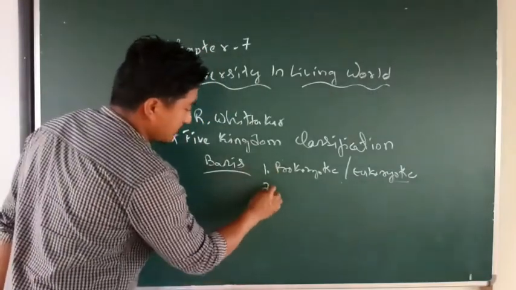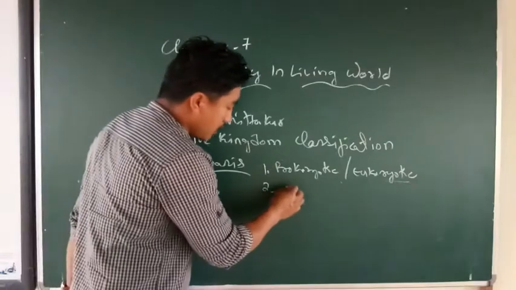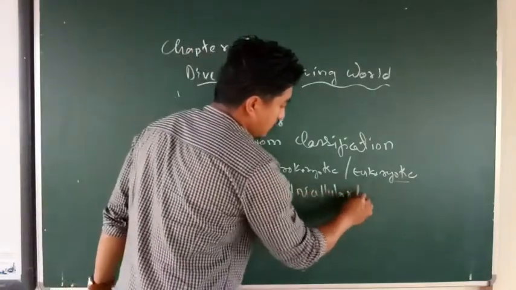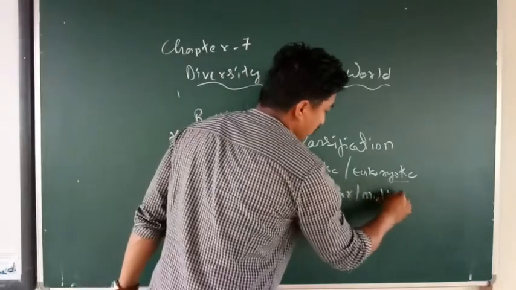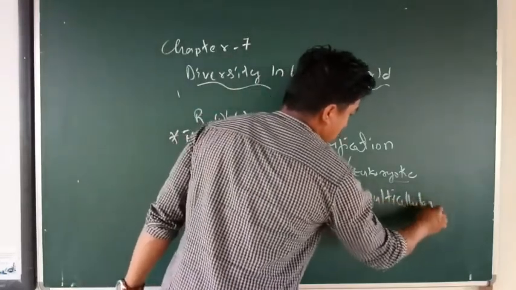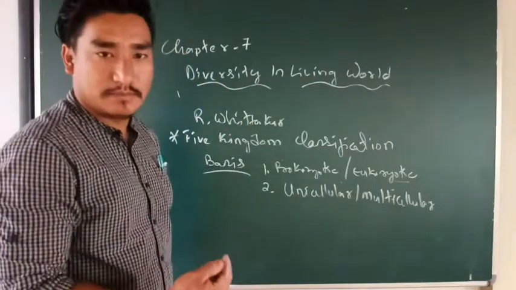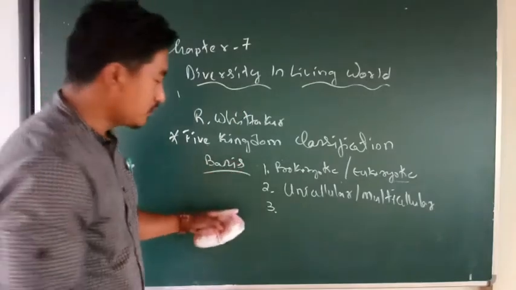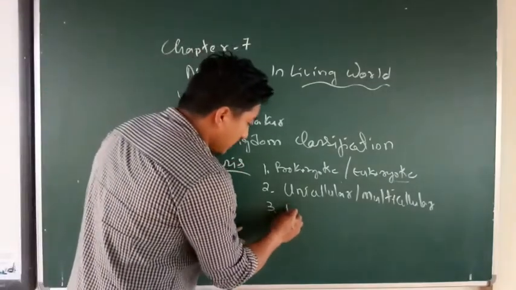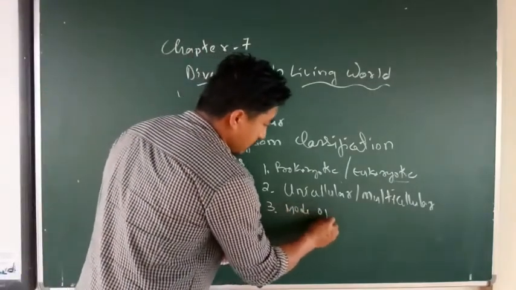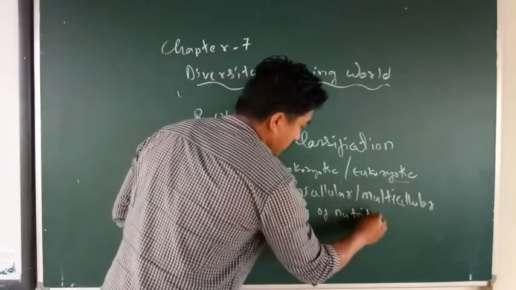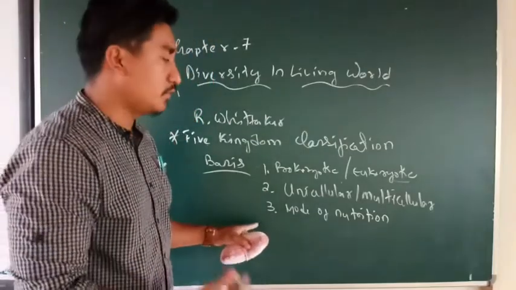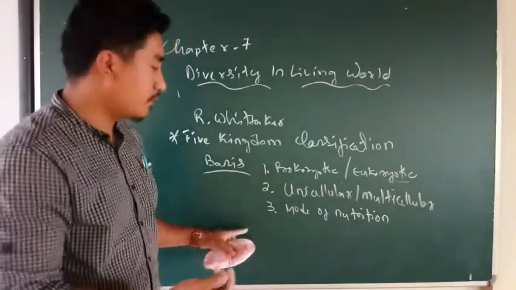Now the second basis of classification is whether they are unicellular or multicellular. Then another basis was their mode of nutrition, whether they are able to produce their own food or whether they depend on others for their food.